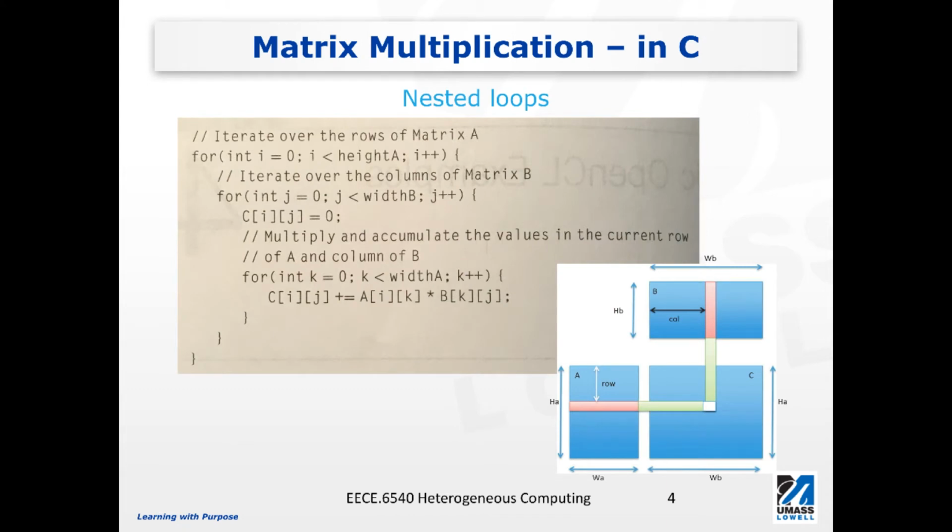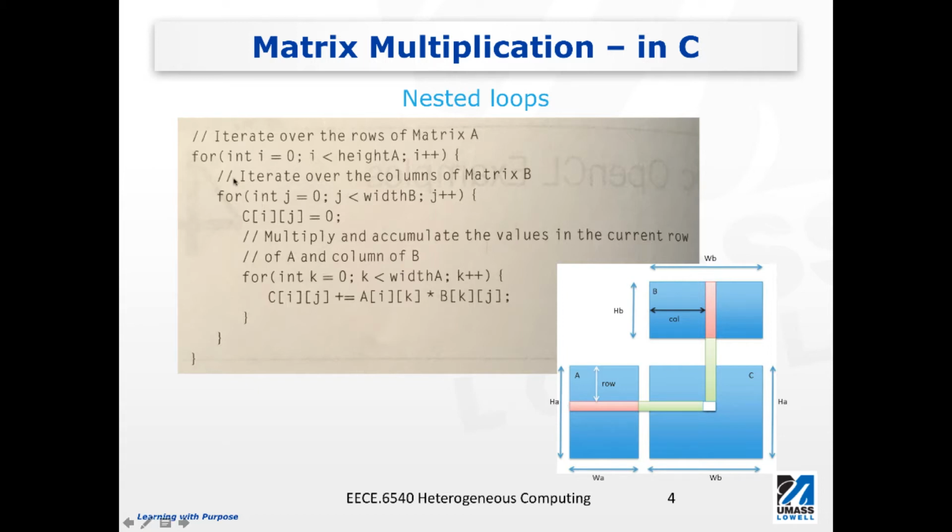If we're implementing this matrix multiplication using a C program, this is what we're going to have to write. We're essentially going to have nested loops so that we go over each of the elements in the matrix C. For each element in C, we're going to calculate the dot product of a row vector from A and a column vector from B. To implement this operation, we have 2 levels of loops.